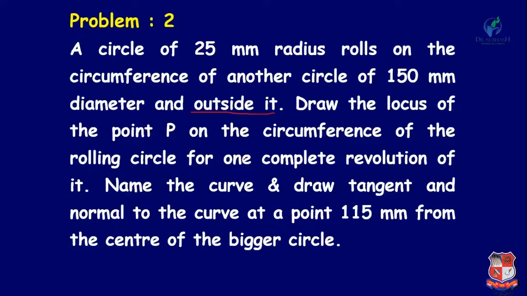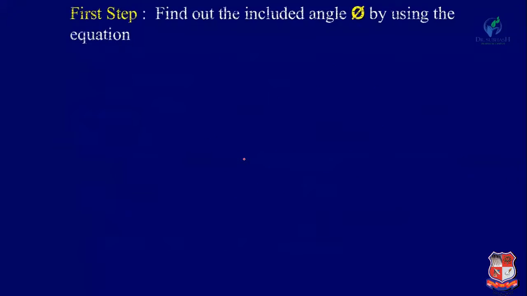So that's why we can say the curve is an epicycloid. Okay, now let us see. The first step is to find the included angle phi by using the equation: 360 degrees into small r, the radius of the rolling circle, upon capital R, the radius of the directing circle. So 360 into 25 upon 75 is equal to 120 degrees.